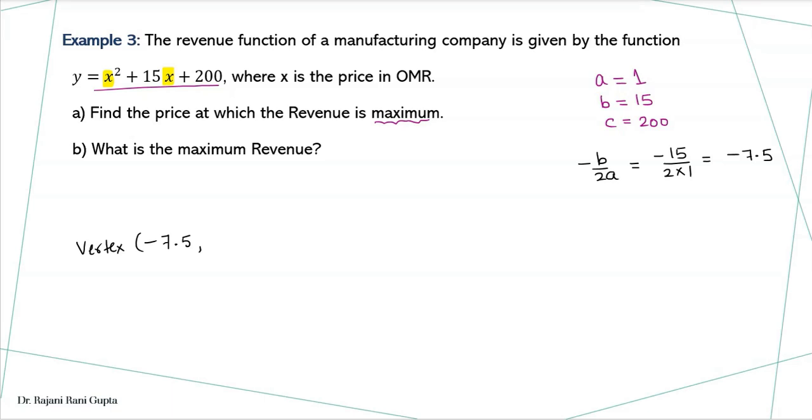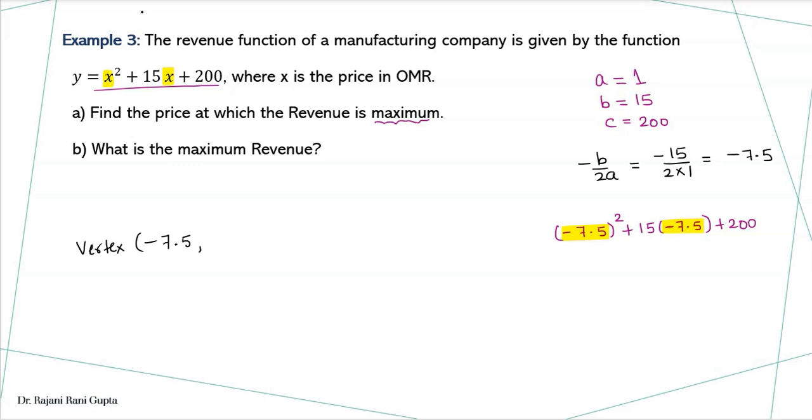Okay, so when we work on it, in place of x, we are writing minus 7.5 power 2 plus 15 times minus 7.5 plus 200. Okay, what we did, we didn't make any more changes. We simply replaced x by minus 7.5.